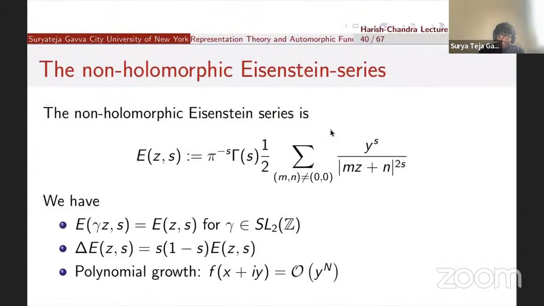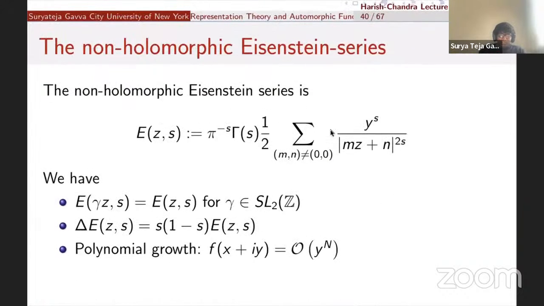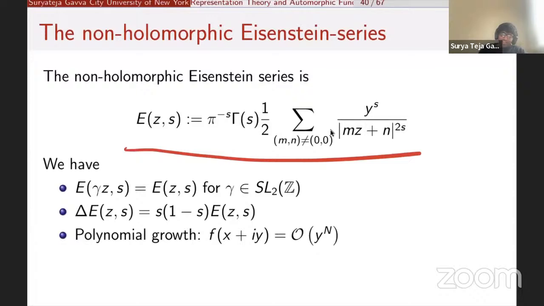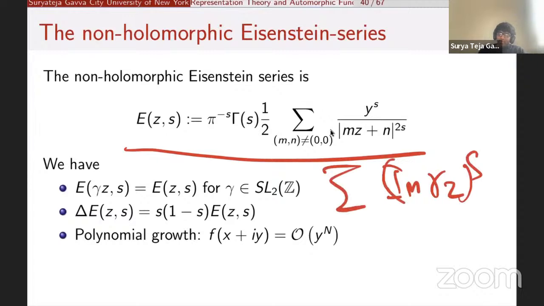Another example of such forms is what is called the non-holomorphic Eisenstein series. It's also obtained by averaging the imaginary part of gamma z to the s. We average over gamma, but the function that you're averaging is this imaginary part of gamma z.